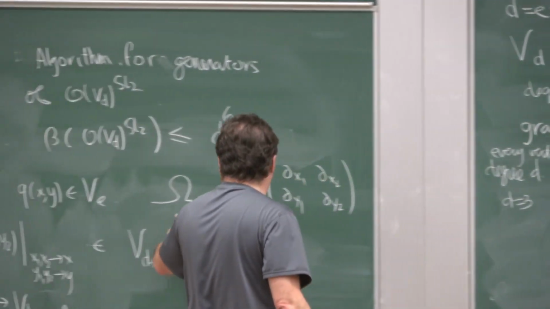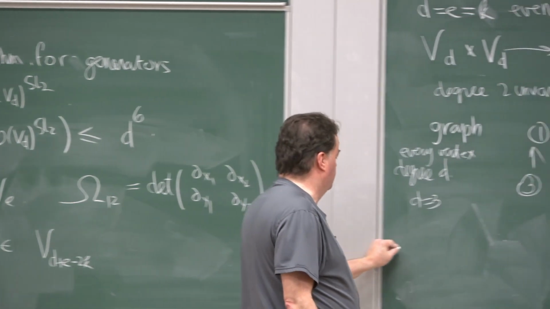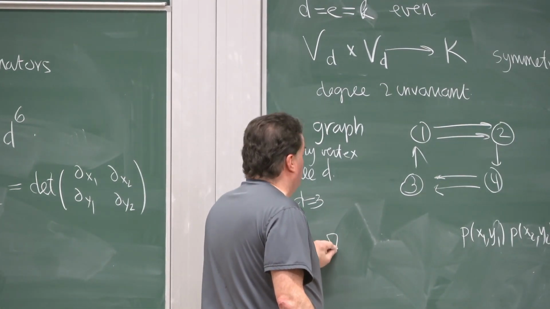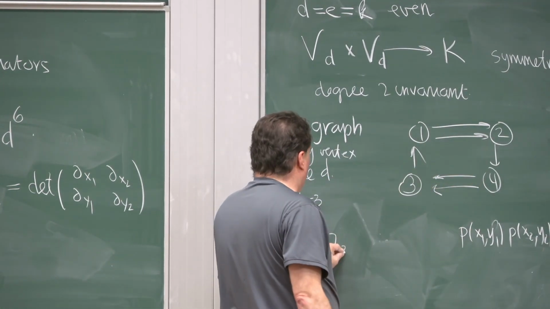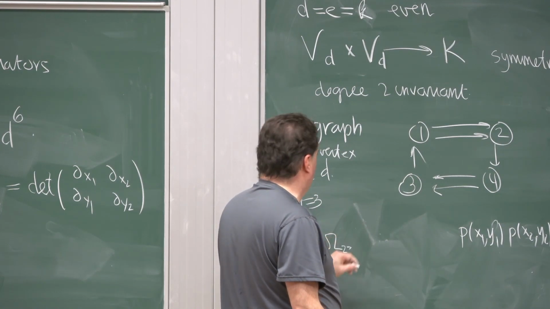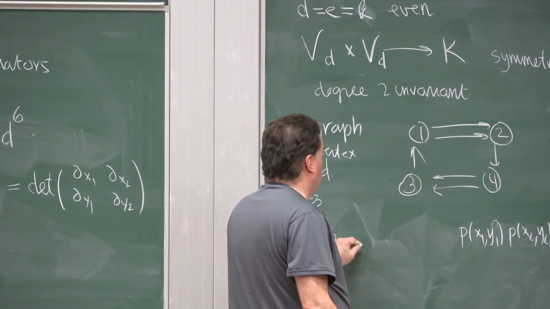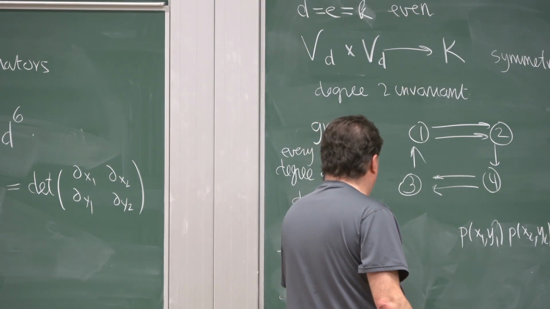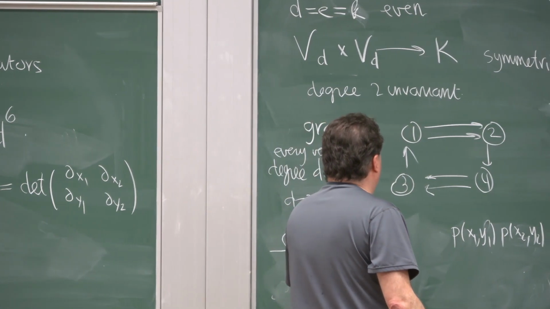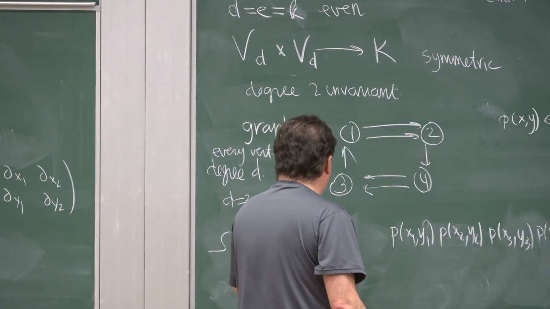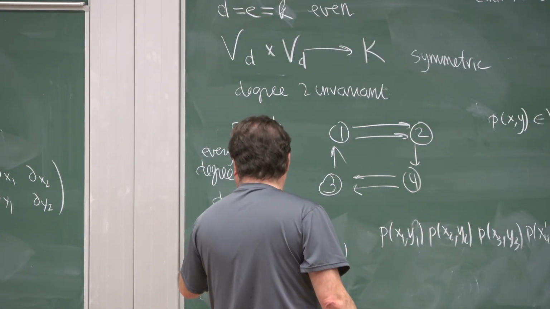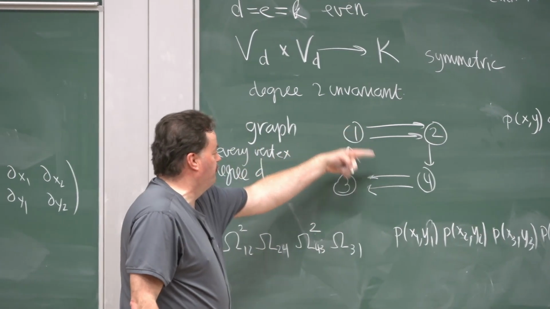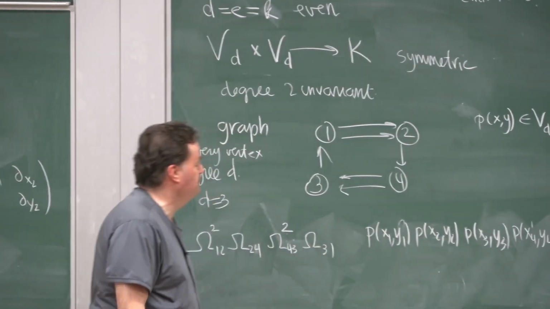Similar to this omega 1,2, I can define also omega 2,4, and omega 4,3, omega 3,1. And these ones I do squared. So you see how I go from the graph to this expression.